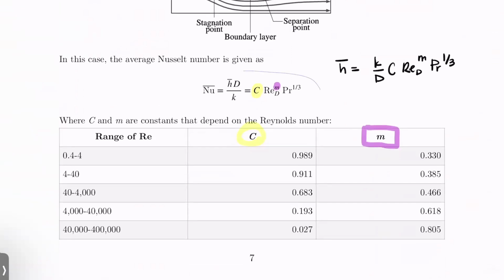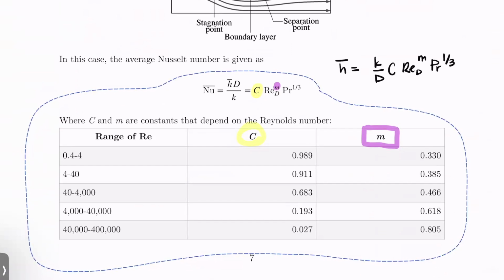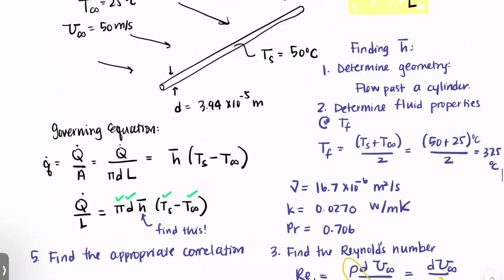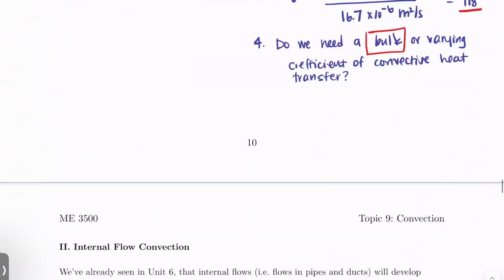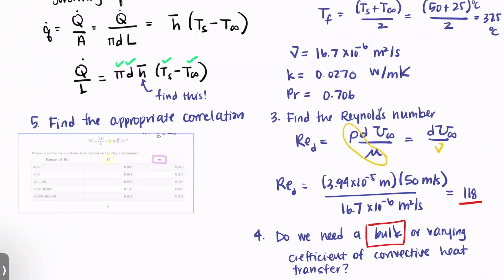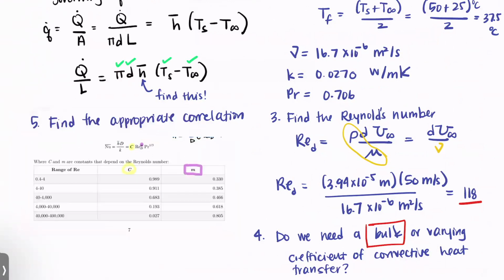So I am just going to copy this. All right, so here is our correlation. I'm going to solve this for H bar. So we have K over D times C, Reynolds number based on diameter raised to the M power, Prandtl number to the 1/3.